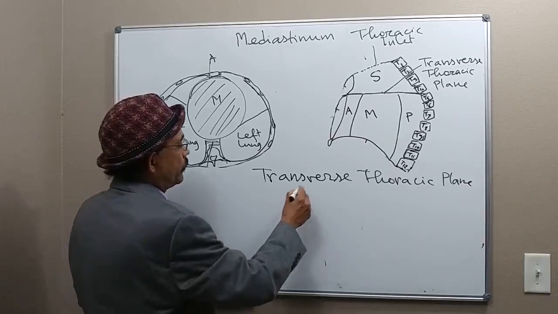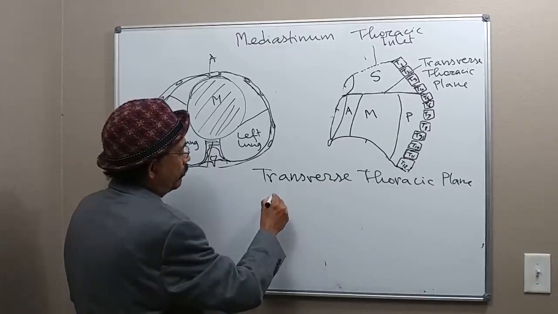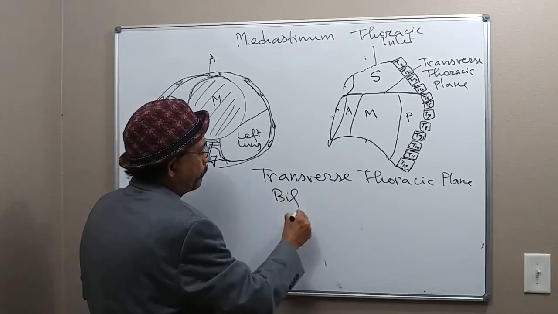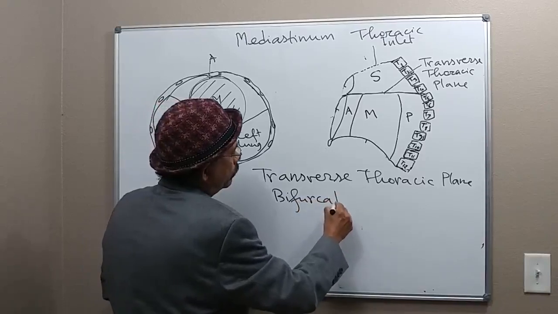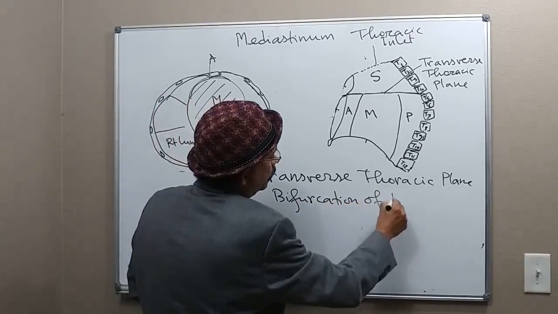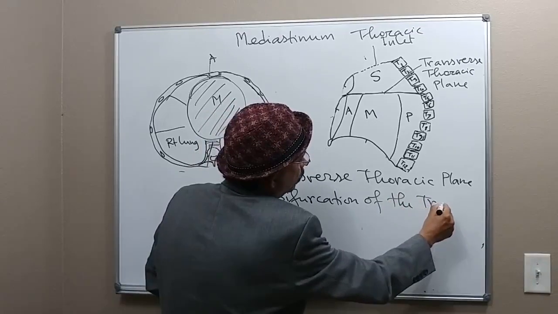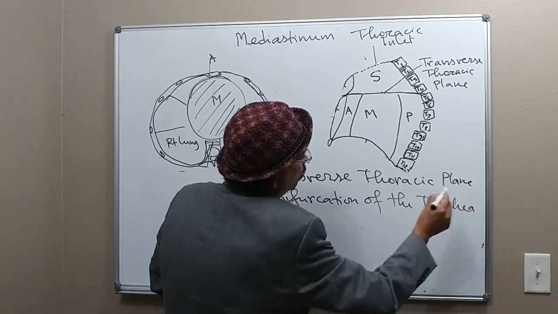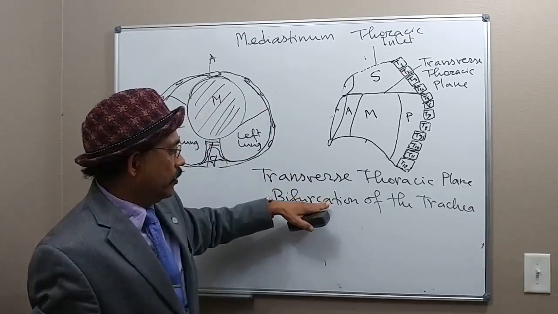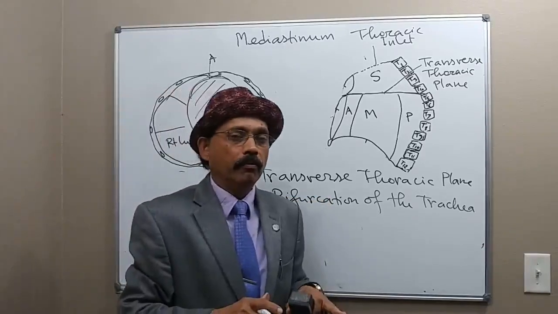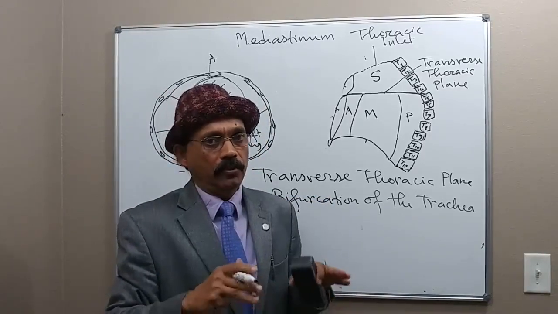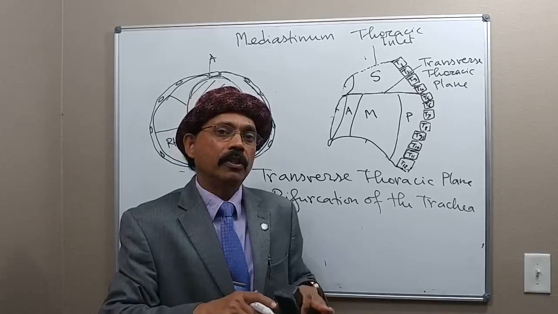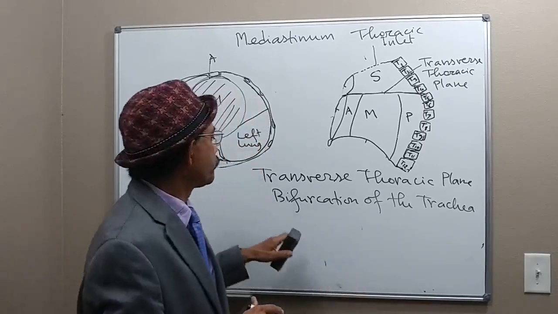What happens at the transverse plane? Bifurcation of the trachea happens. You must remember that the location of bifurcation may be a little variable in lying position and standing position. In standing position, it is a bit lower.